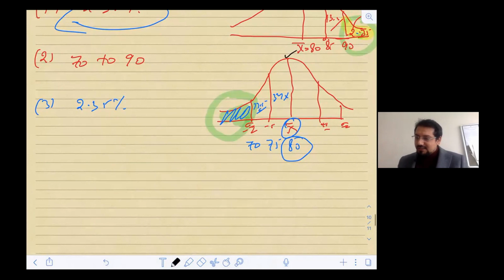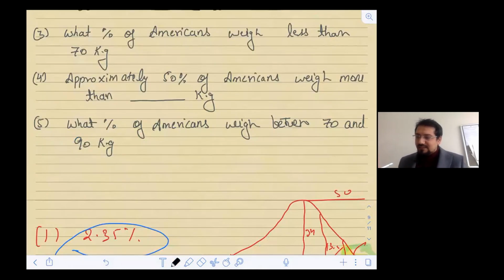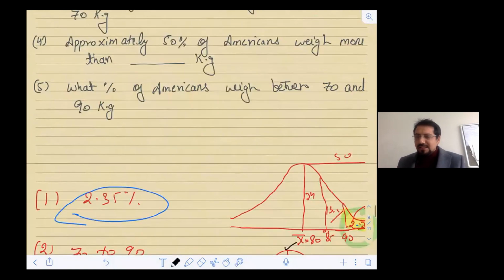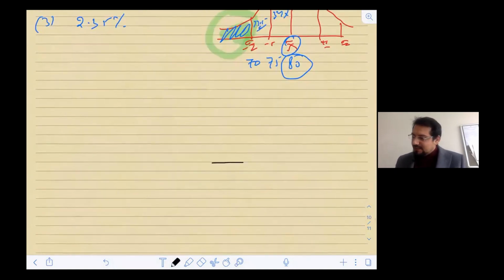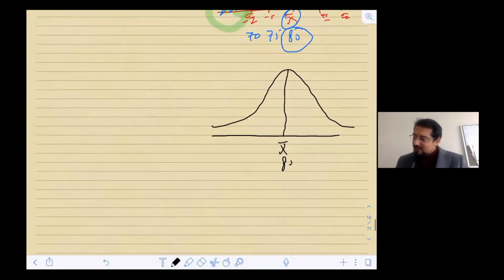Let me just do the last question. What percentage of Americans weigh between 70 and 90? Although it's very simple, let me just do it for you. But the fourth one you have to reply. So here is the mean, again 80, and it's asking between 70 and 90. So here is 75 SD1, and 70 is SD2, and here it is 85 SD1, and 90 is SD2.